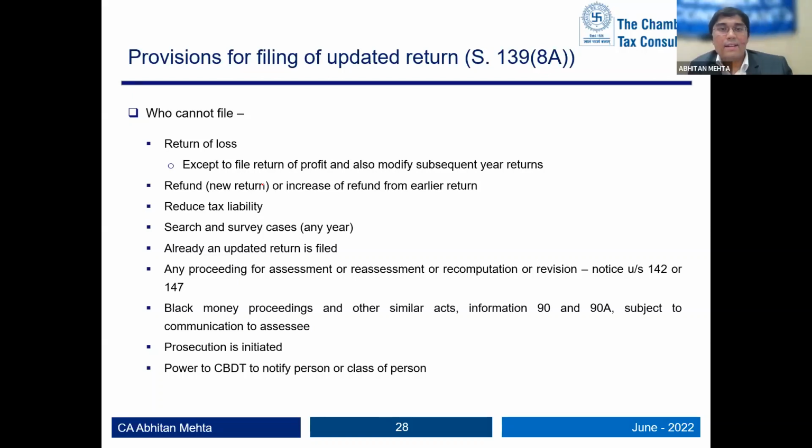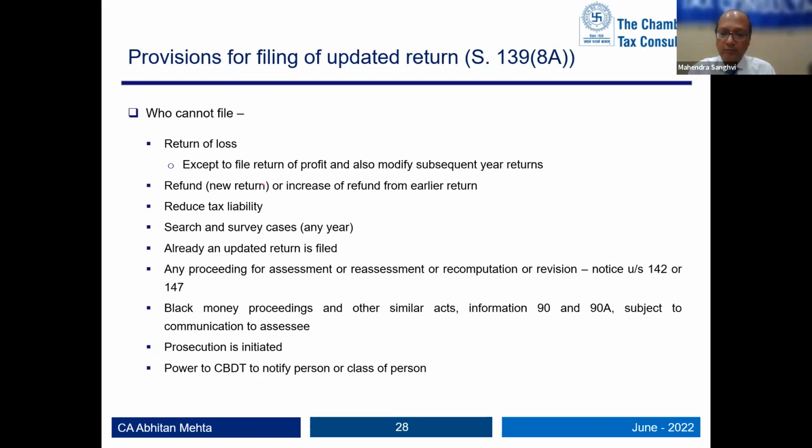And it is only one time for any year. For search and survey, for any year you cannot. God knows whether you can file after 5 years or not. One has to examine that. But the section reads, any person against whom proceedings under the following sections have been initiated.